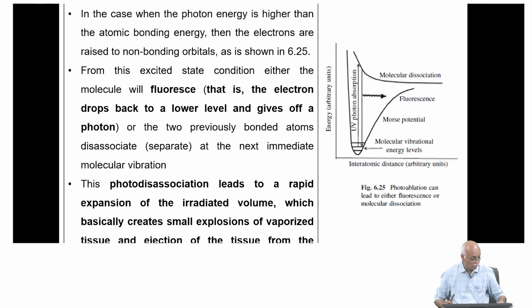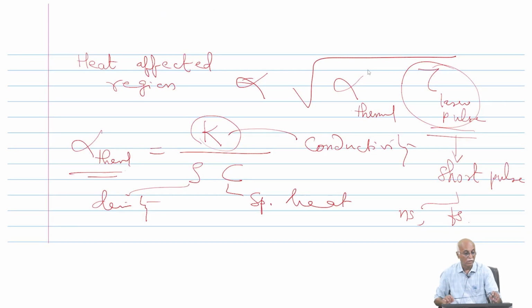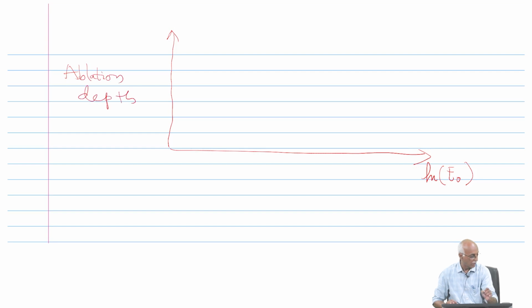Now, how will we estimate the approximate ablation depth corresponding to this process? Let us say this is natural log of input energy fluence, and this is correspondingly the ablation depth of the material.